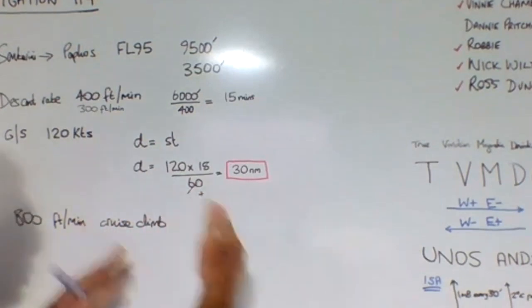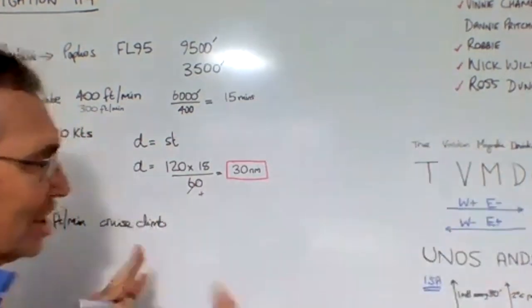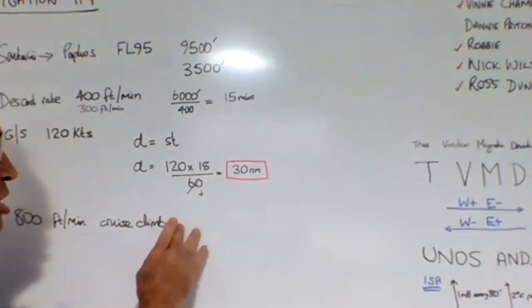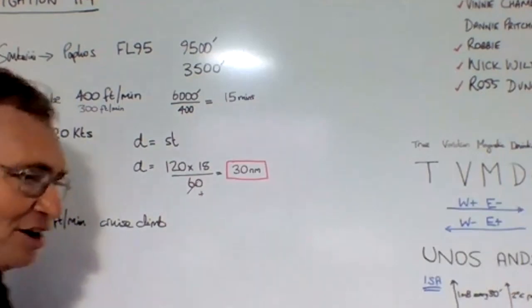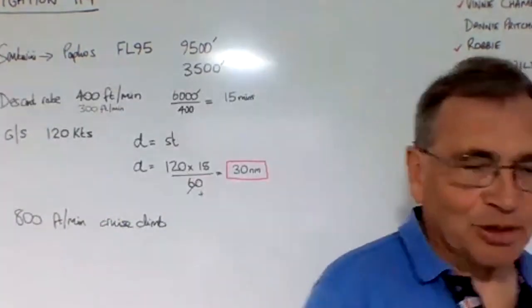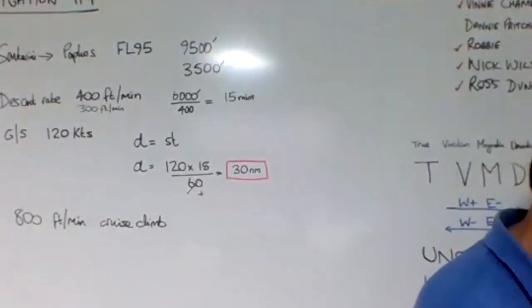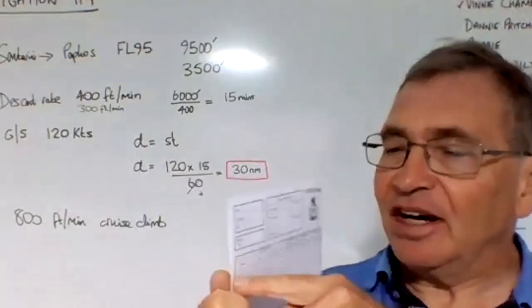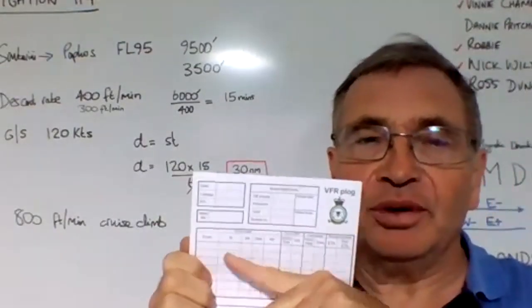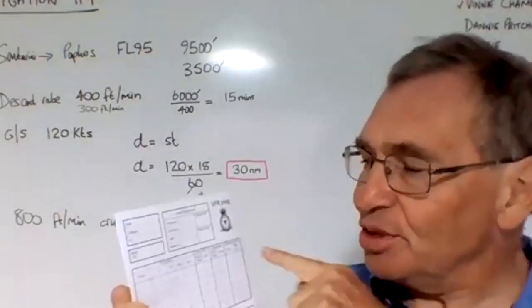You could work out how long it's going to take you, what your ground speed is, and how far your distance covered is going to be. That means you could put your climb on the plog, because you're going to have reduced airspeed.